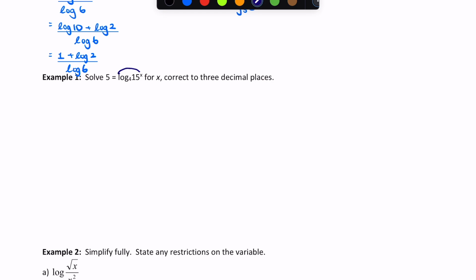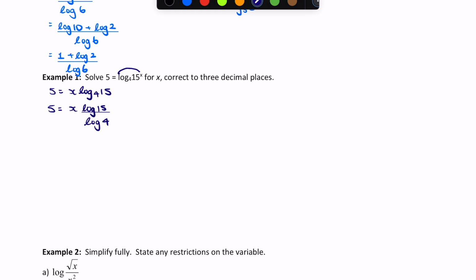That will be given to us as 5 is equal to x log base 4 of 15. Here we can rewrite log base 4 of 15 as log 15 over log 4. That's using the change of base formula.